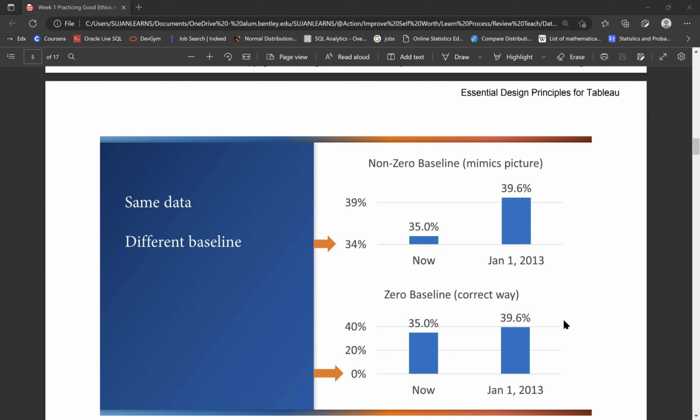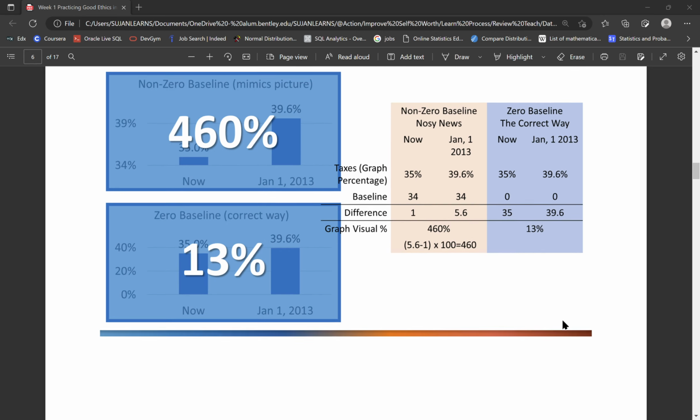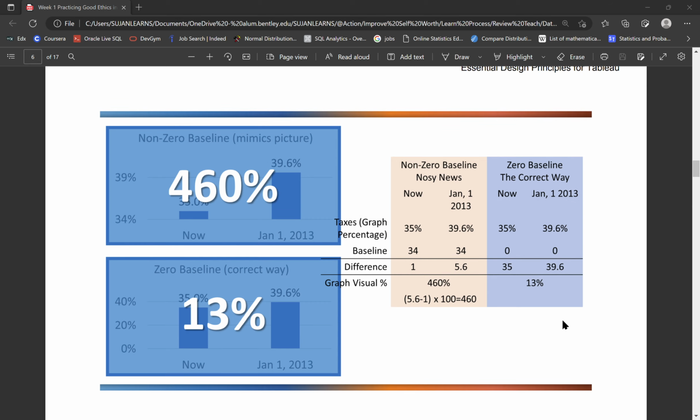We'll try to tell you more about why it is visually different by doing some math. Let's take a non-zero baseline graph, and first of all, take the baseline percentage. We'll take the top line of the graph. The top part of the graph is 35% for now, and 39.6 for January 1st, and the baseline is 34 for both.